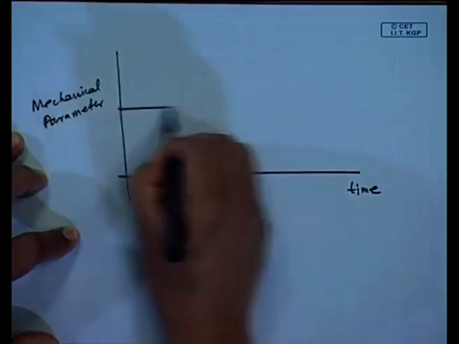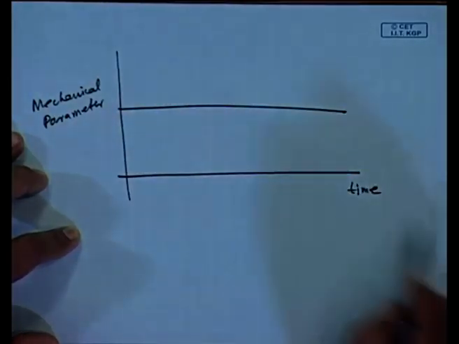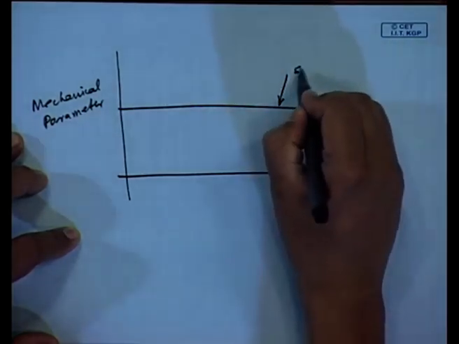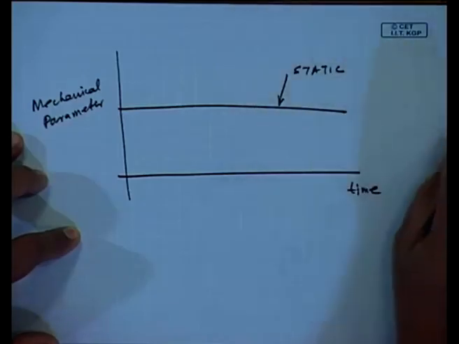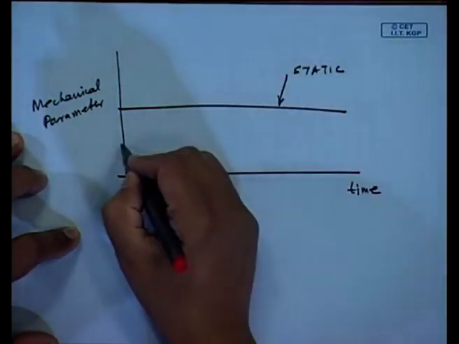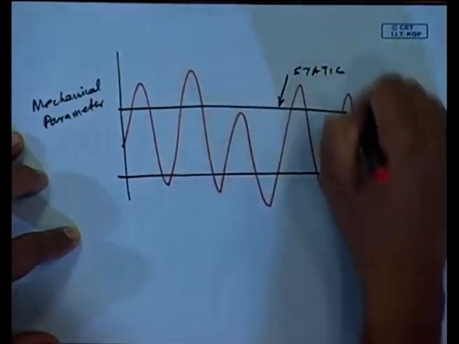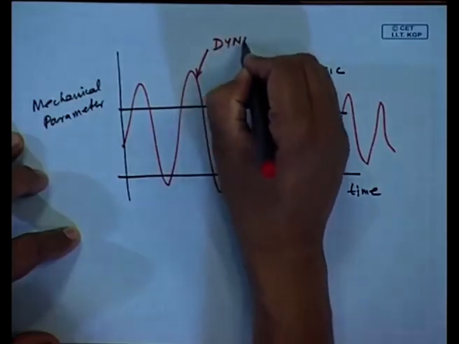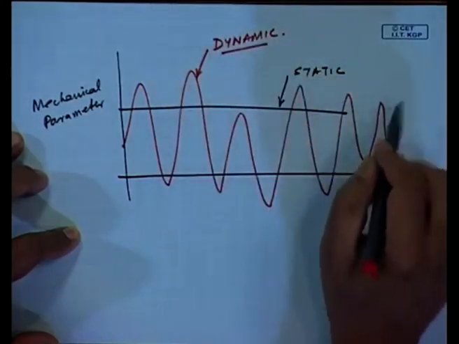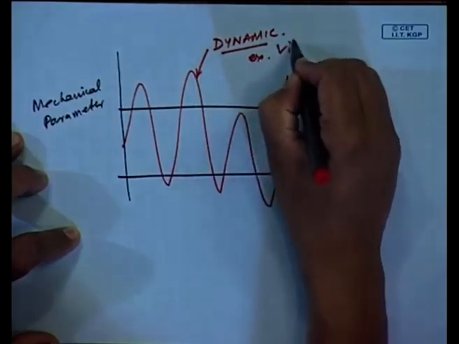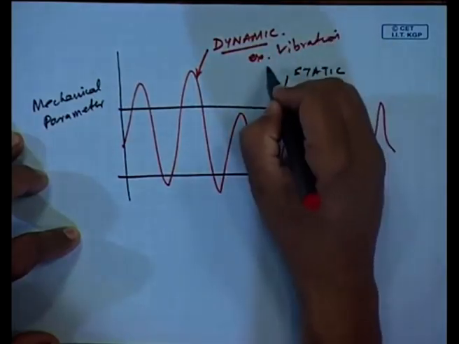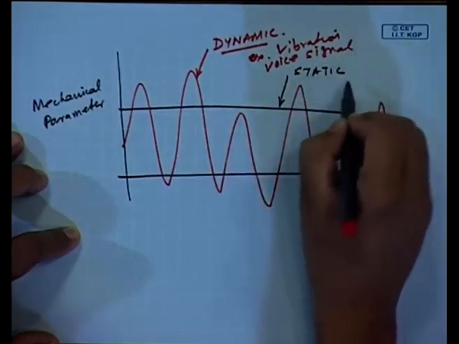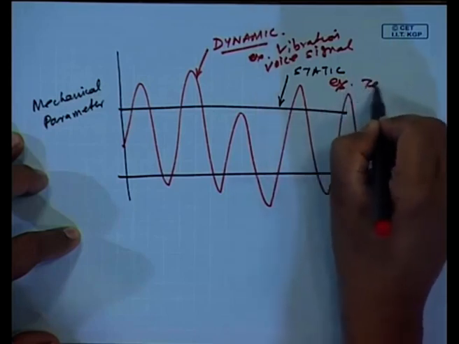It could be either static, not varying with time, for example the temperature in this room, almost static, okay, or the parameter is changing with time, so this is the dynamic. Examples: vibration of a structure, voice signal in this classroom. The example here in the static case is the temperature.